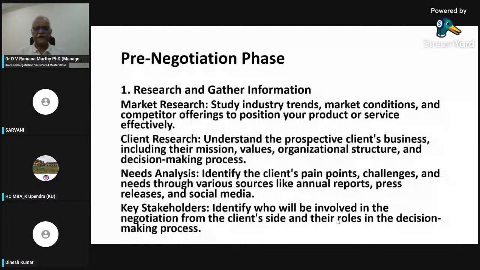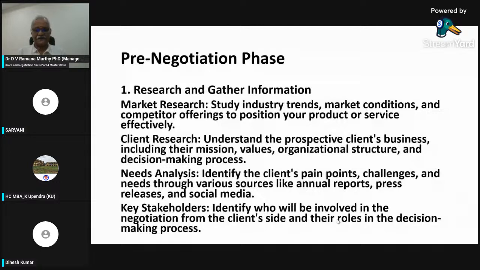And then the identification of who will be involved in this negotiation phase. Suppose you are presenting to a client organization, and the client organization deputes XYZ for collective bargaining, I mean, the negotiation phase with the sales organization.